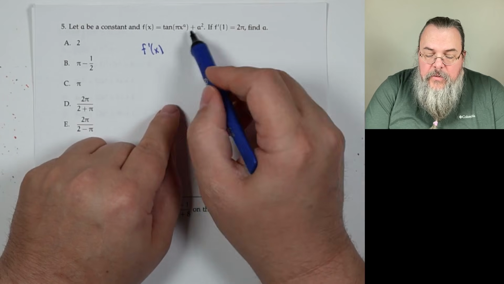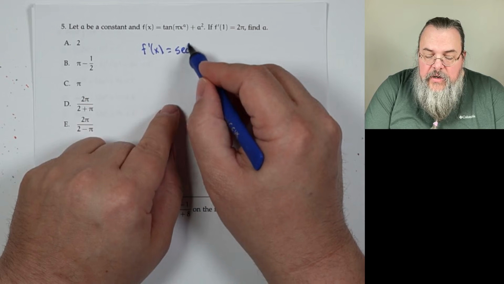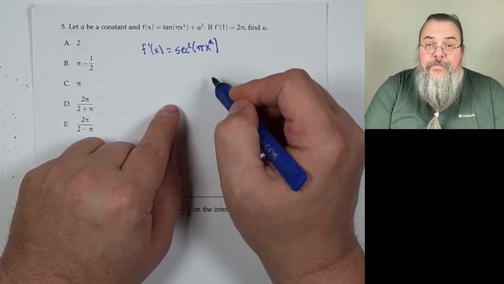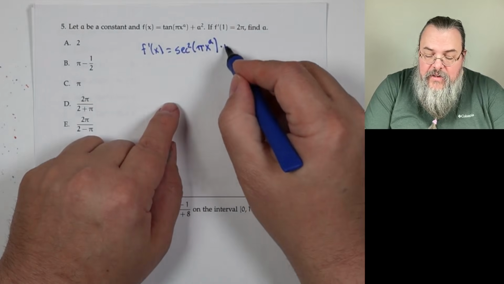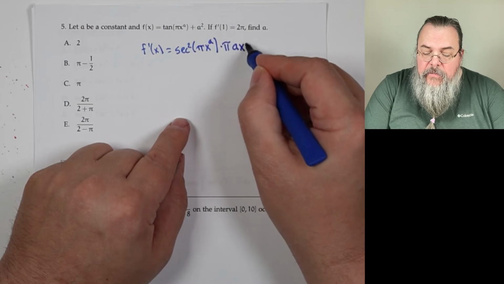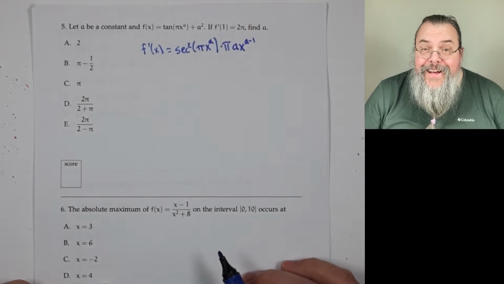So here we'll use our chain rule. Derivative of tangent is secant squared of pi x to the a, leave the inside alone. Times that by the derivative of the inside. Pi is a constant, and the derivative of x to the power a is a x to the power a minus 1.